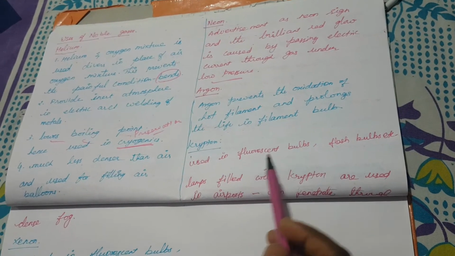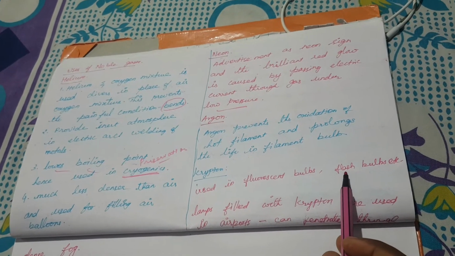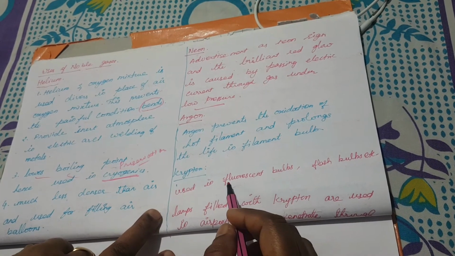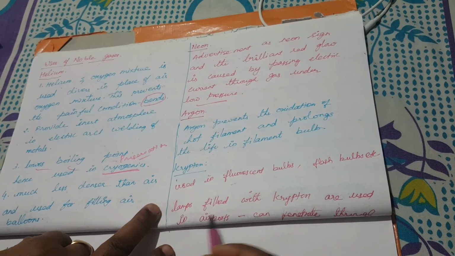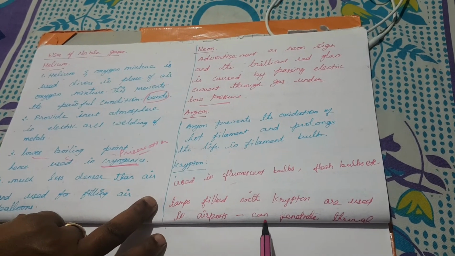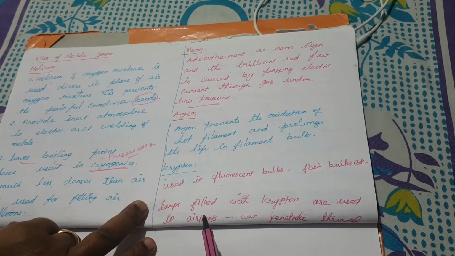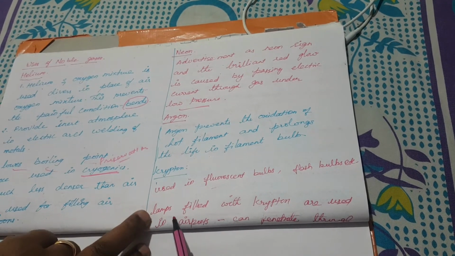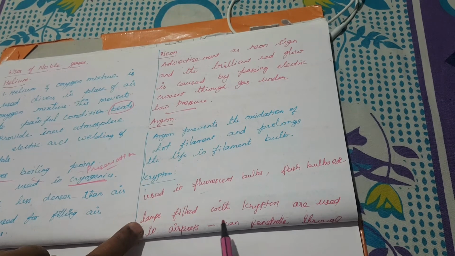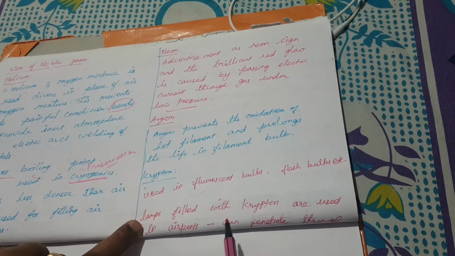Krypton is used in fluorescent bulbs and flash bulbs. Fluorescent bulb means the glowing bulb. Lamps filled with krypton are used in airports. These lights can easily penetrate dense fog.